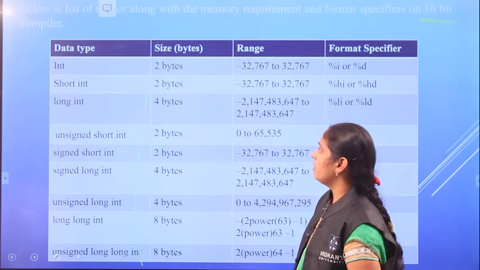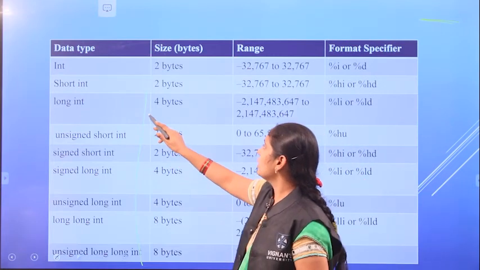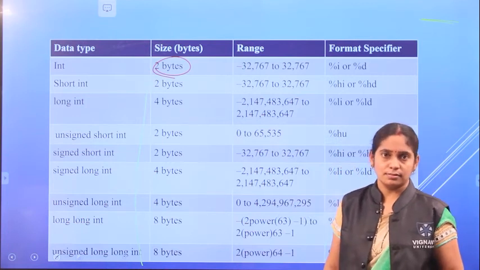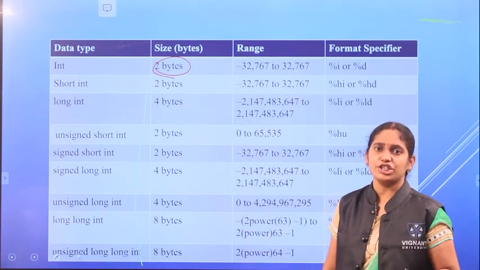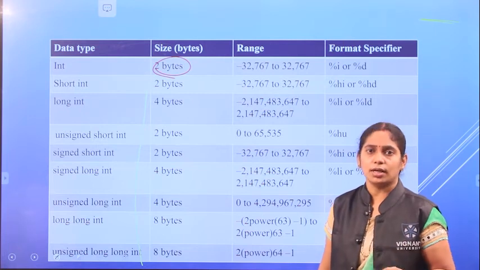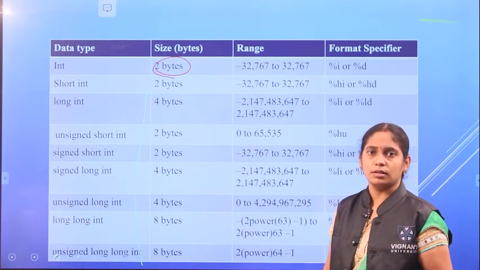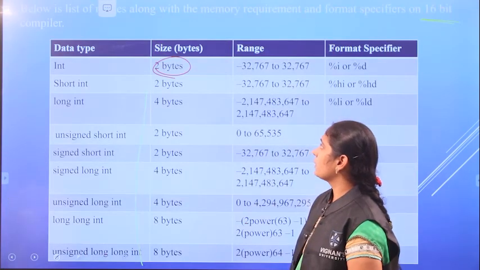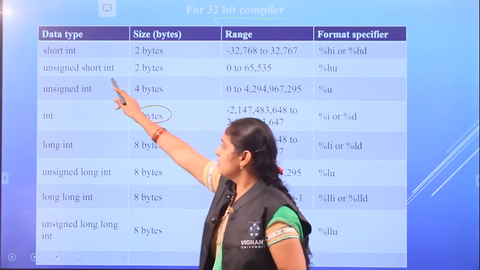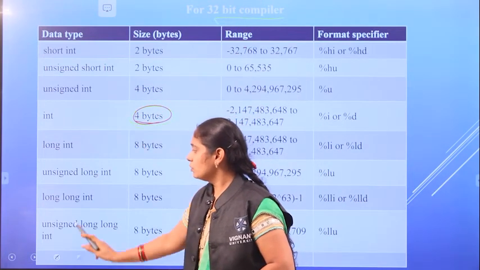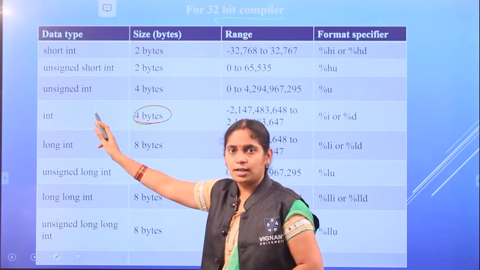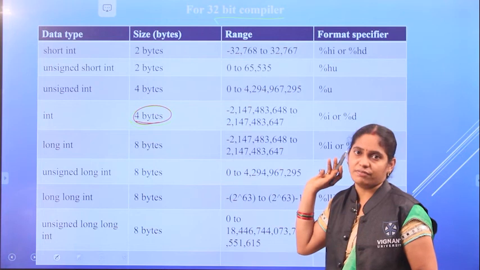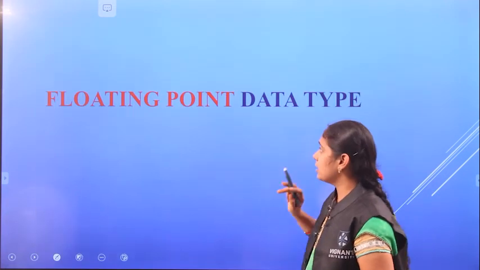If you see the same in 16-bit, what is the size here? 2 bytes. Is it clear? So the size of each data type will change based on the compiler we are using. So these are the different forms of integer and their respective sizes, the range followed by the format specifier. Clear? Then see the other form.